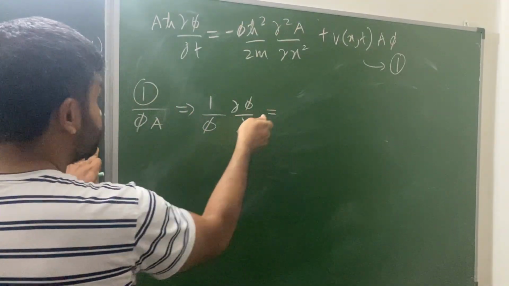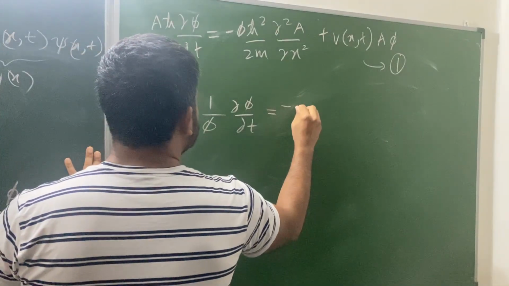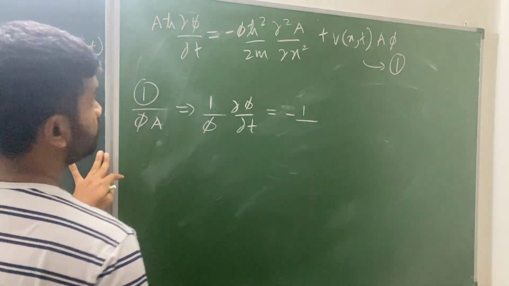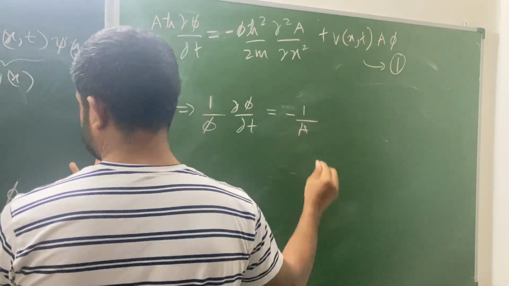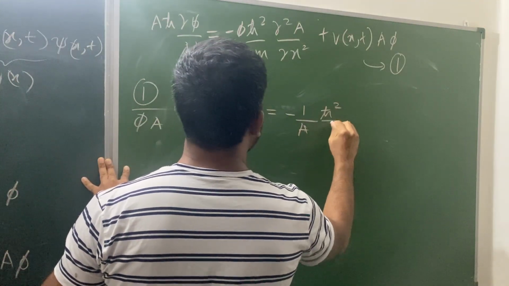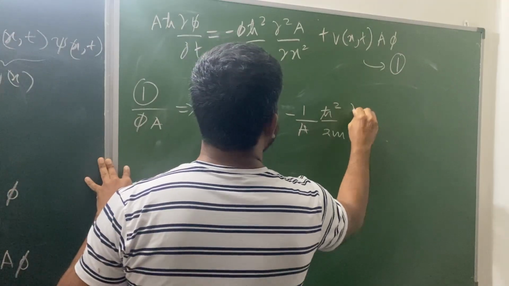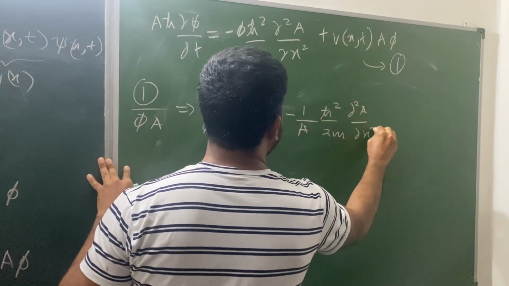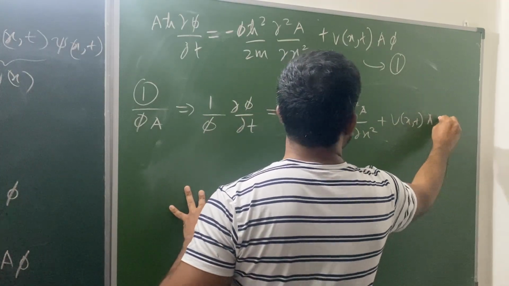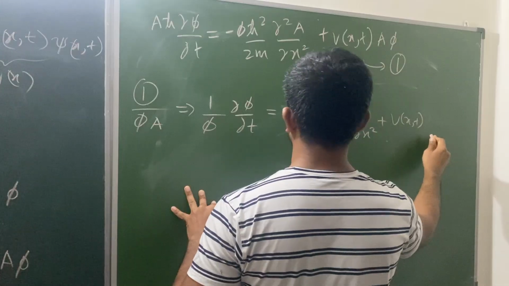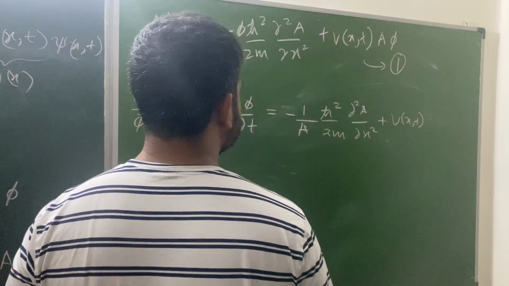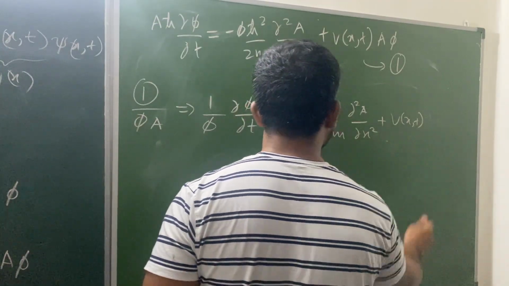And when I divide it by phi a, I will end up with minus 1 over, yeah, this time 1 over a, which is the function that depends on the spatial part, and here h bar squared over 2m, you can keep it as it is, and here ∂ squared a over ∂x squared, right, plus V(x,t). As you have divided by both of these functions, we end up with here V(x,t), right.